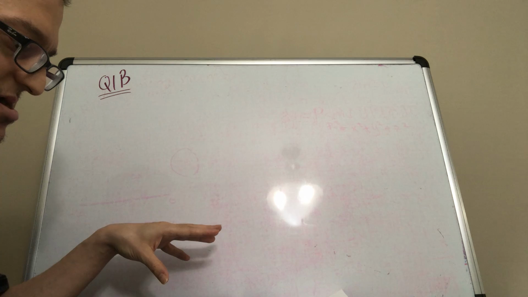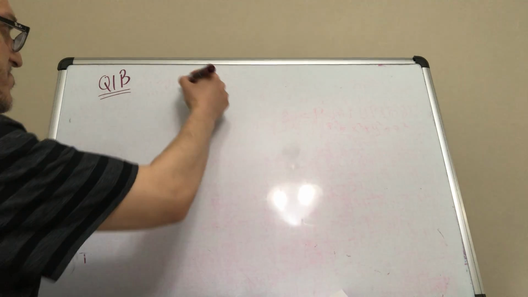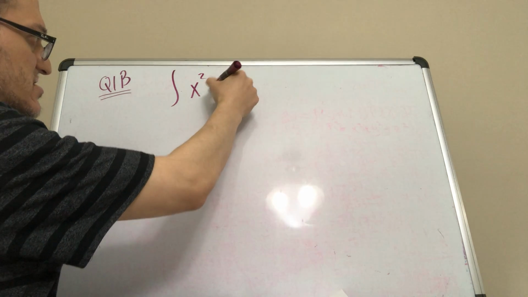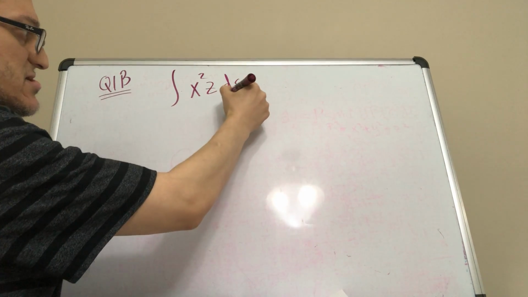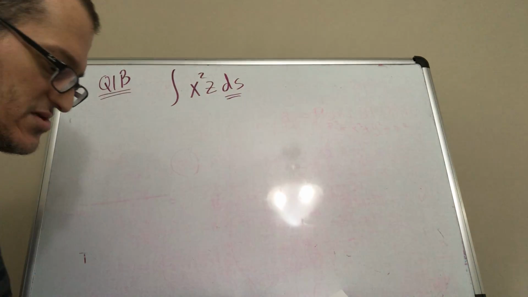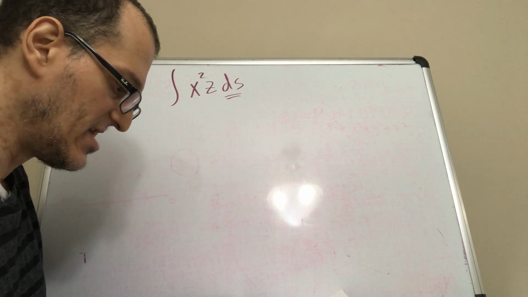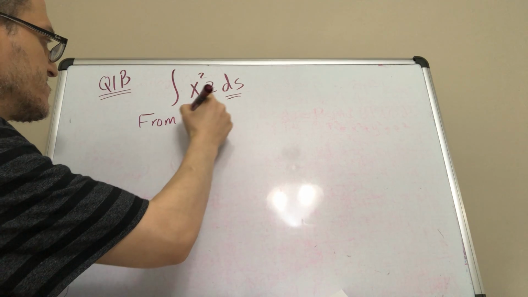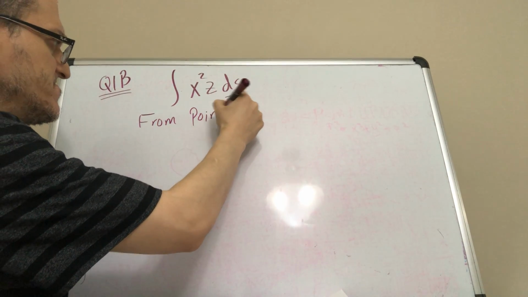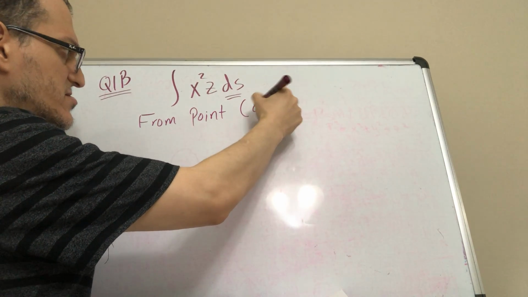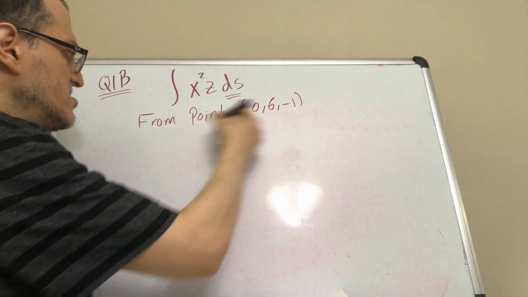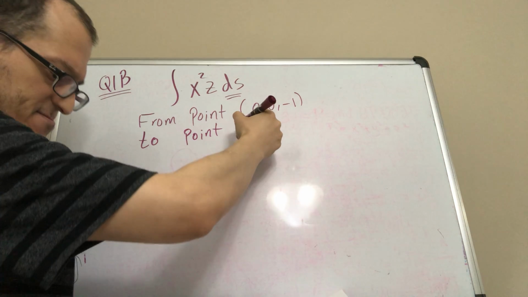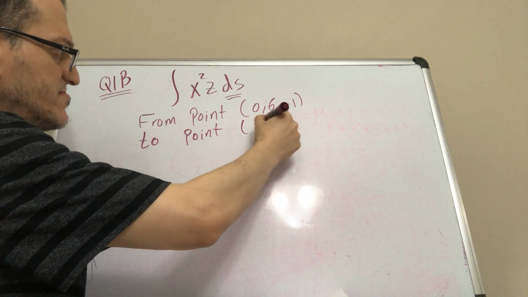straightforward. What he wants you to do is integrate x squared z ds, and remember the ds here, from point 0, 6, minus 1 to point 2, 8, 0.